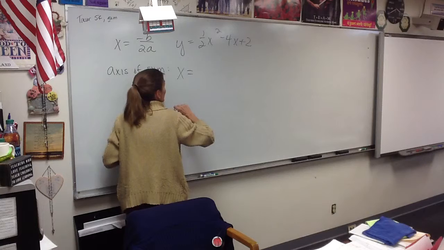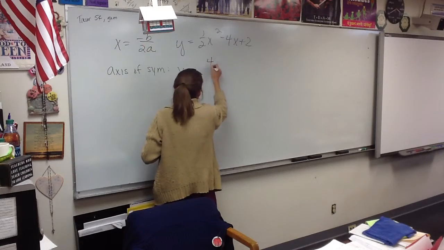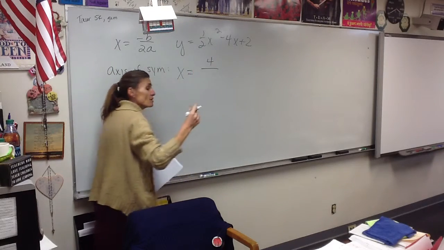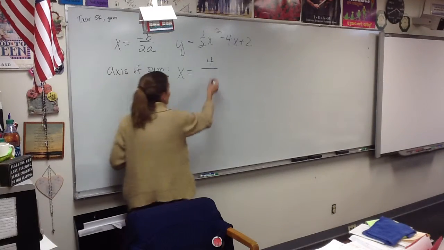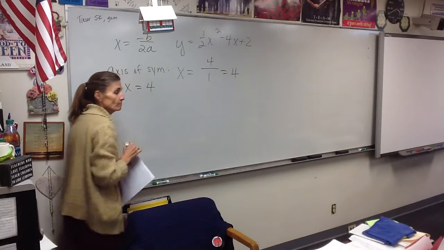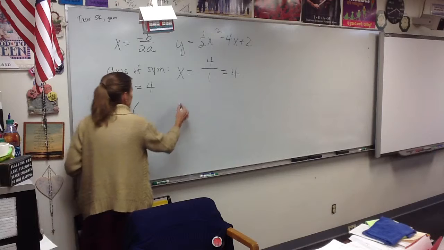What is my B? Negative 4. So when I do negative B, it's going to become positive 4 over 2a. I know it's a fraction. Don't freak out. What's 2 times a half? 1. So your axis of symmetry is x equals 4.